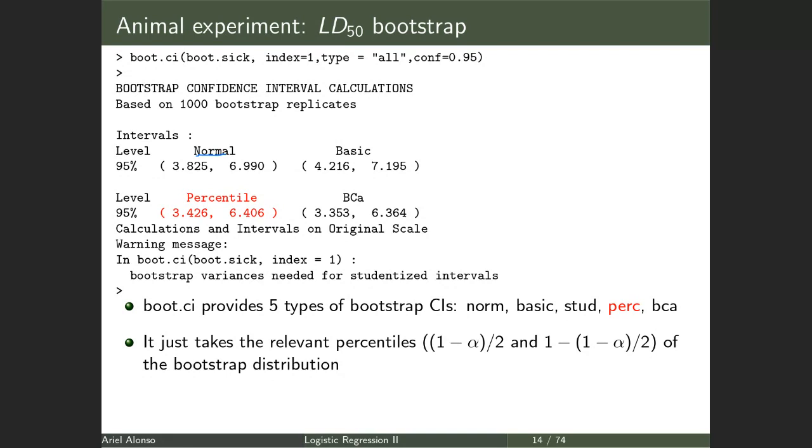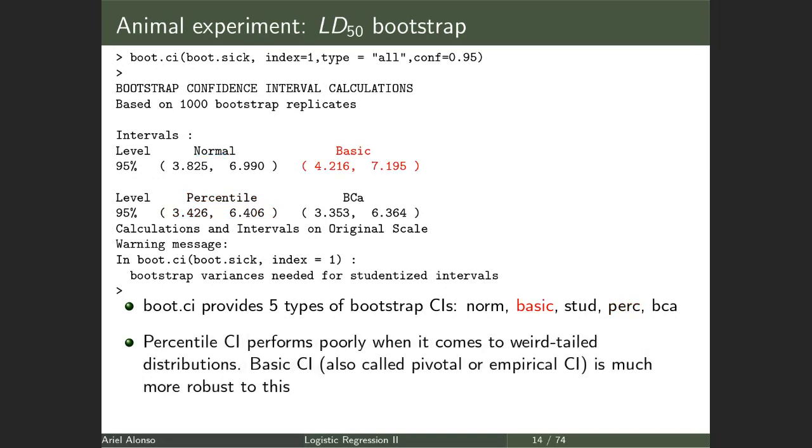So you now organize all your bootstrap samples and you take the corresponding percentiles, alpha divided by 2 to the left and 1 minus alpha divided by 2 to the right, and then this is the 95% confidence interval, because this is the probability that you will be toward the left, and this is the probability that you will be toward the right. So in the middle, you have 1 minus alpha. And that's what you get with the percentile.